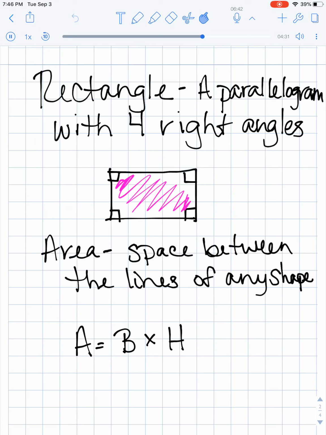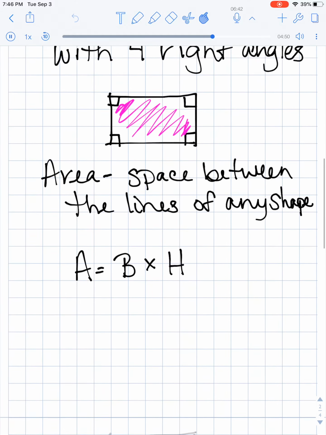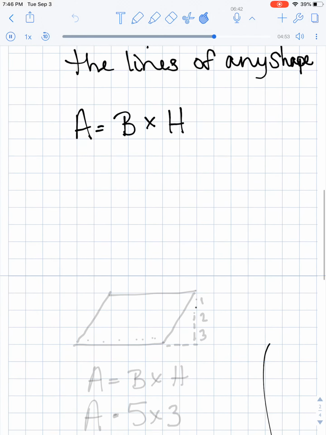We're just using base times height because base can be used in all three of those shapes, whereas length does not always represent the length of a shape, and width doesn't always represent the width. Sometimes it's the height, like in a parallelogram. So let me show you what I mean.